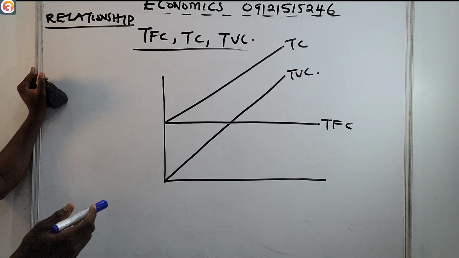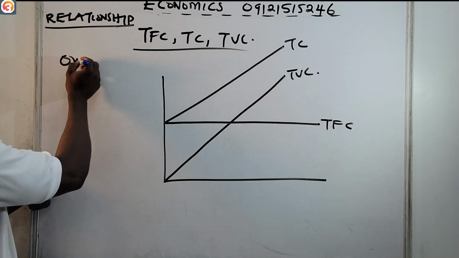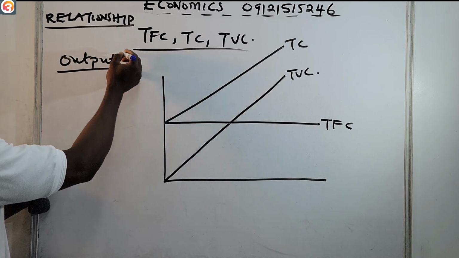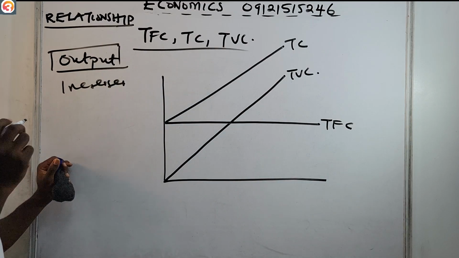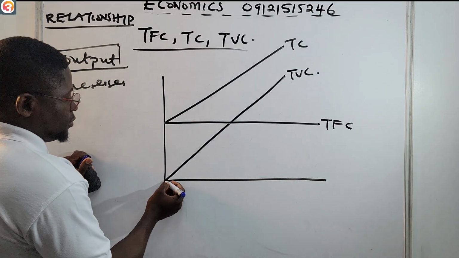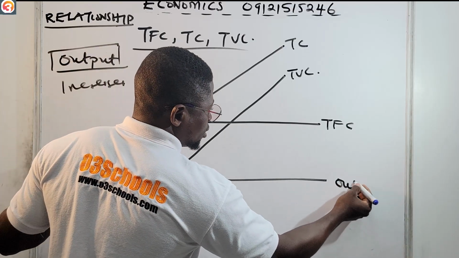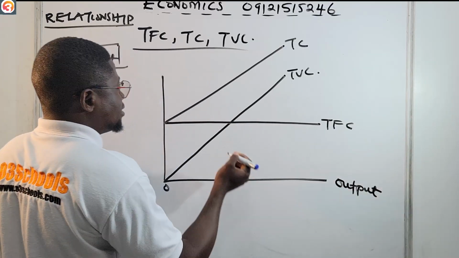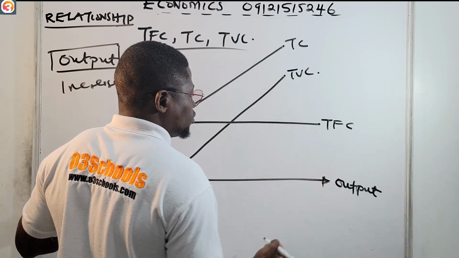So what does this tell us? It tells us that as the output of a firm increases, look at output here, 0. This is the output axis, and this is the cost axis.